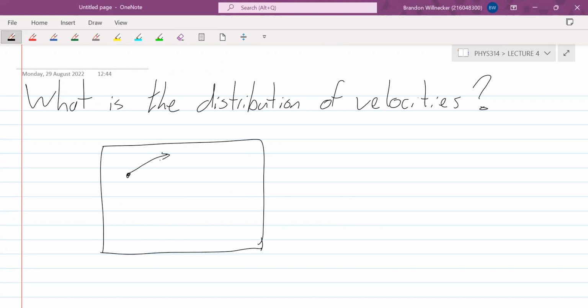Some particles might have a big velocity, some might have a little velocity, some of them a little bit in between, maybe another one with a large velocity, maybe a few more with little velocities. There's a distribution of velocities from small velocities to large velocities. And again, out of all this velocity distribution, it must be a fixed total amount of energy. But how are the velocities distributed?